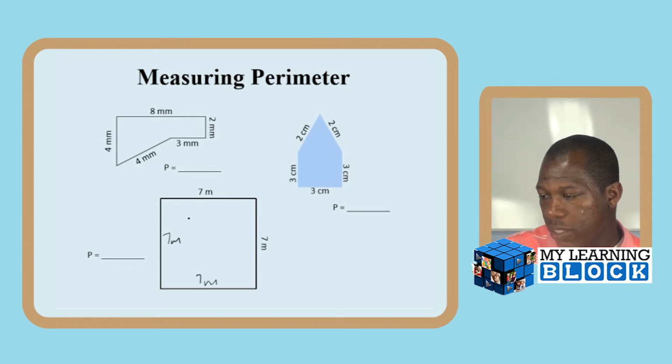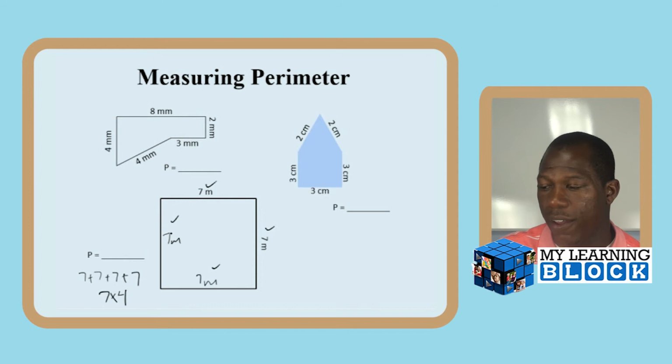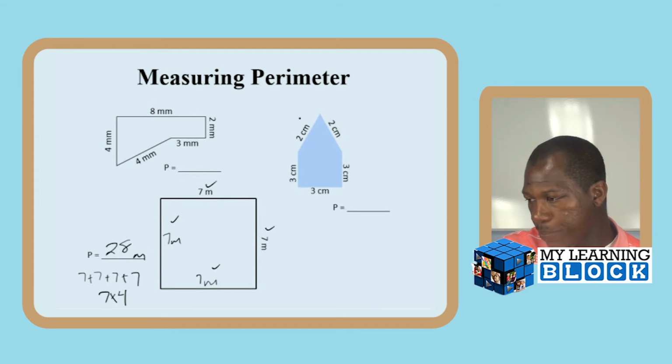And I have 7 plus 7 plus 7 plus 7. Check, check, check, check. Or I have 7 times 4. If your child is ready, they can go that far. And the answer will be 28 meters. Make sure they do not forget their unit.